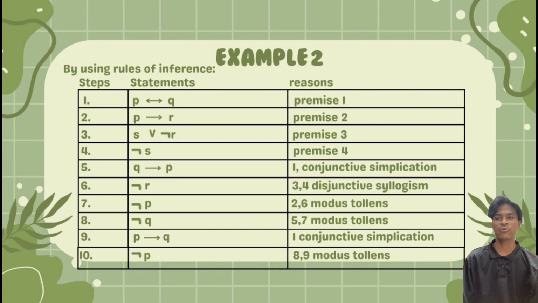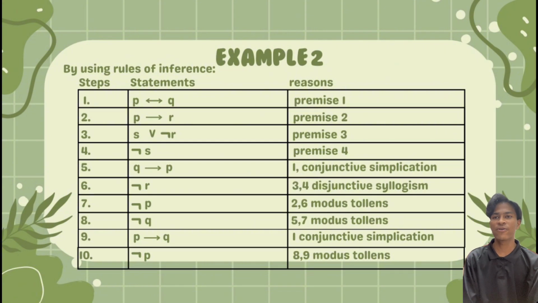We need to have a step, statement and reason. For steps 1, 2, 3 and 4, we just write the premises that we get as statements. That is, P if and only if Q, P then R, S or not R, and not S.